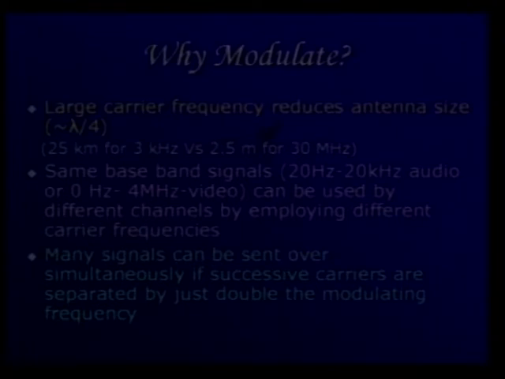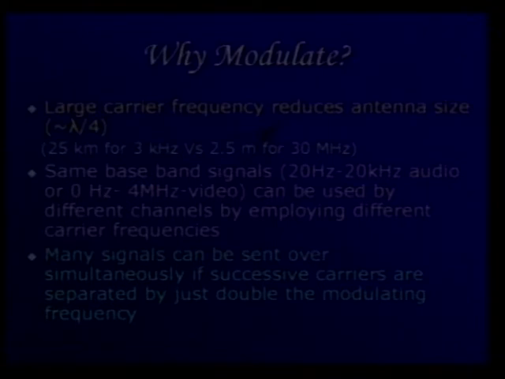Now, if we had sent both the signals at the baseband frequencies of 20 to 20 kilohertz, both our voices would have just interfered with each other. But this is not happening. What is happening is my signal is being modulated on a particular carrier frequency, which is attributed to say Gyan Darshan 2 or EduSat or whatever.